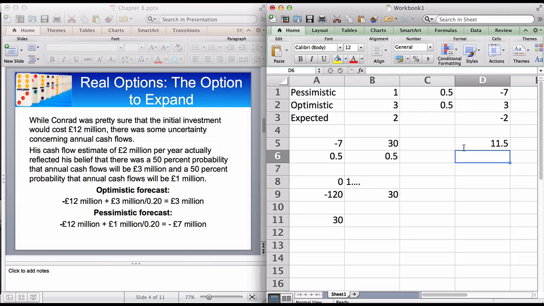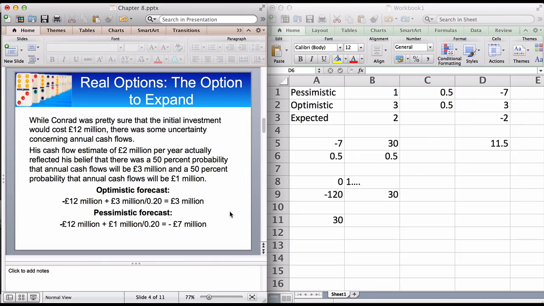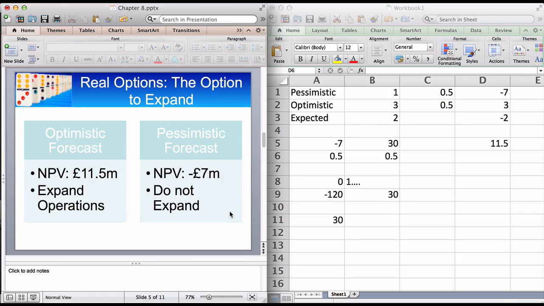So incorporating the option to expand will transform what may seem a negative NPV project into a positive NPV project, and you can see that here in the slides. The option to expand can be a very valuable option, and this methodology of real options allows us to incorporate that.